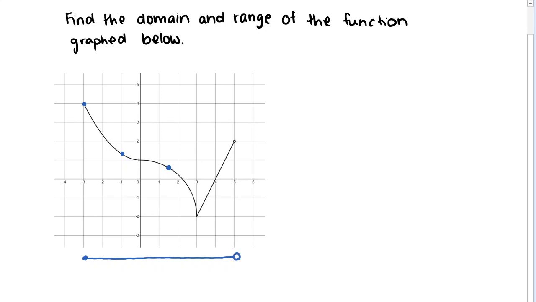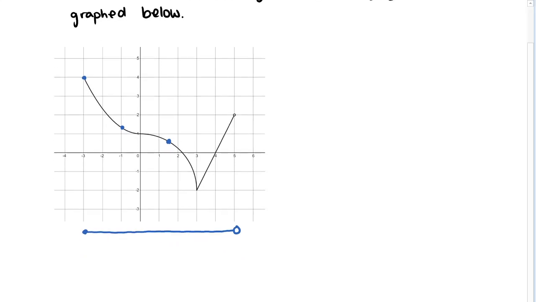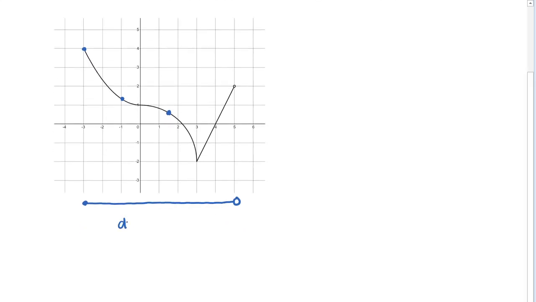But this point here at the very end on the right, it's not included, and so we don't actually see a point with the value +5 as an input to this function. And so this domain, the set of all input values that we see here, consists of the values between -3 and +5, including -3 but excluding +5.